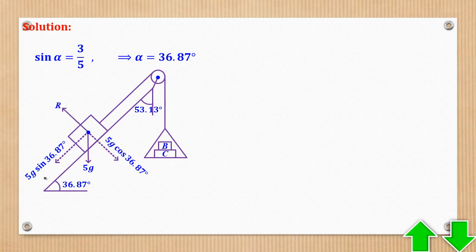Then there will be normal reaction and tension in the string, arrows pointing towards each other. Tension here, arrows pointing towards each other, and total weight, which is 15g. Then the motion is shown by acceleration here, and also here by this acceleration.